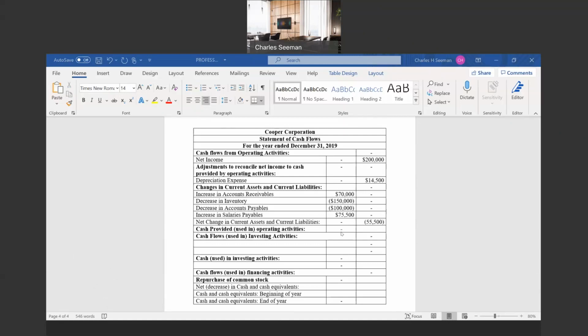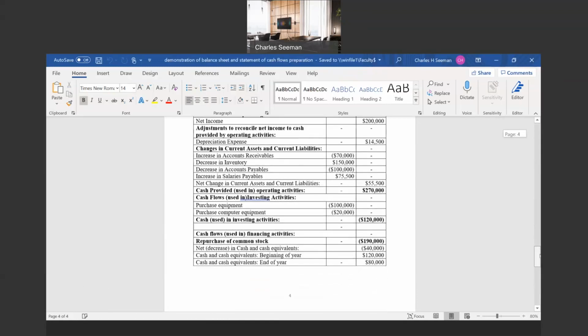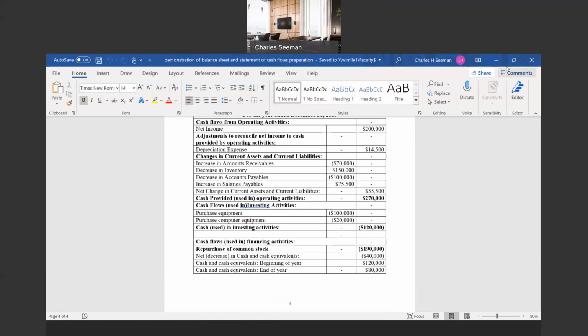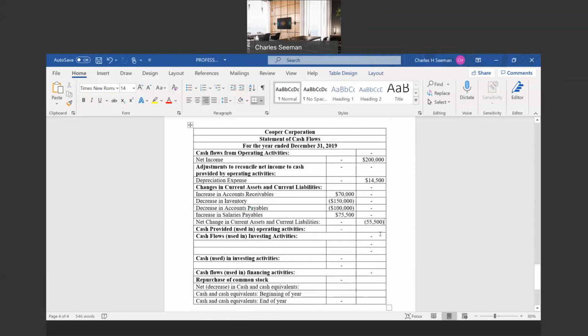So now you just simply add down. It's 55. Now you simply add down.